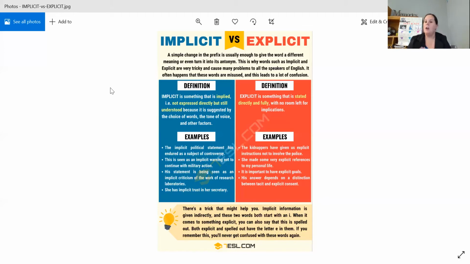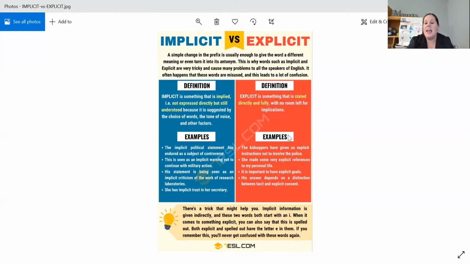Implicit meaning, the stare that your mom might give you when you are roughhousing with your sibling in the living room, and your mom just has to give you that look. She doesn't have to say stop, but you know it means stop. That's implicit, okay?